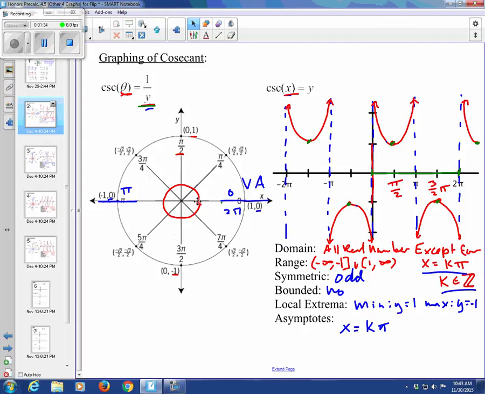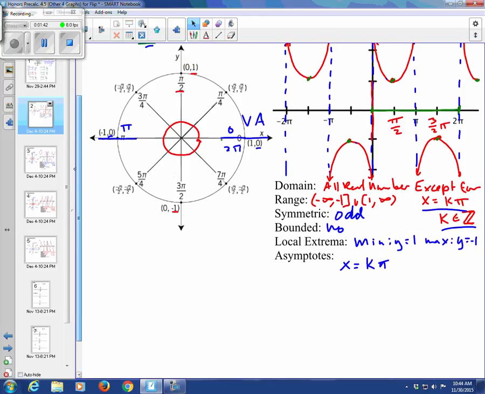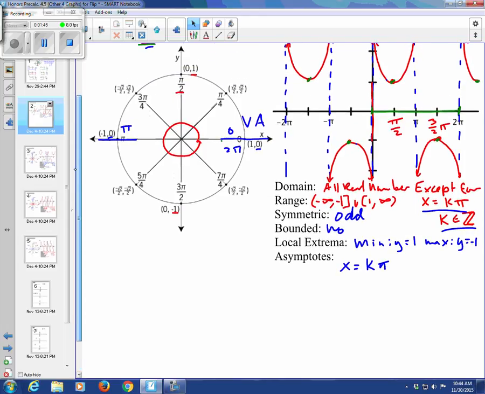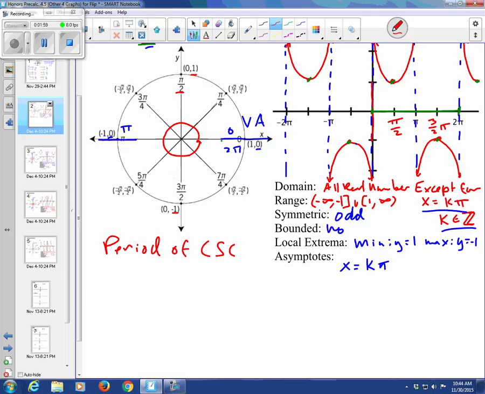So right here we know that a period for cosecant is going to extend one length of 2 pi on the graph. So we can say that a period of cosecant of x is going to start at the origin, and that means that we start at a vertical asymptote for cosecant.